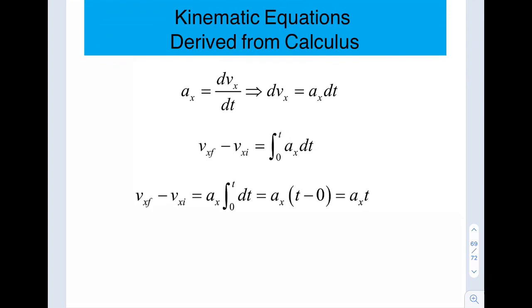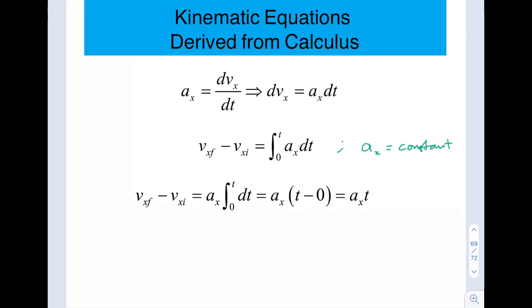So this one can also be written as, let's say your a is constant, your ax here is a constant value, then you can bring the a outside of the integral, and the one that is going to be integrated is only dt.